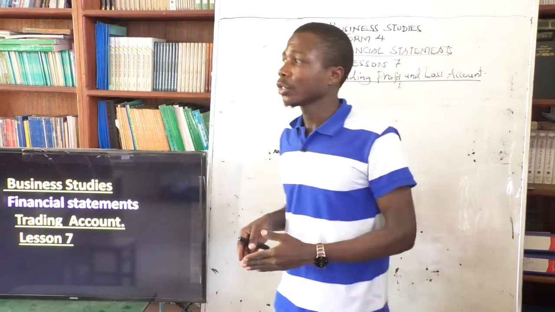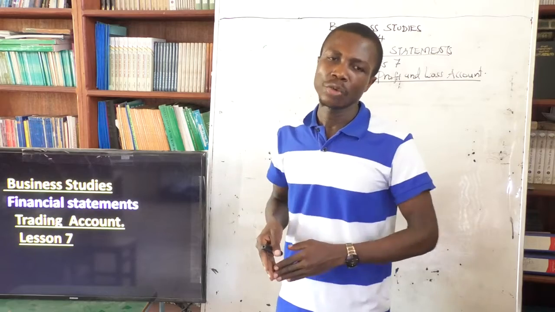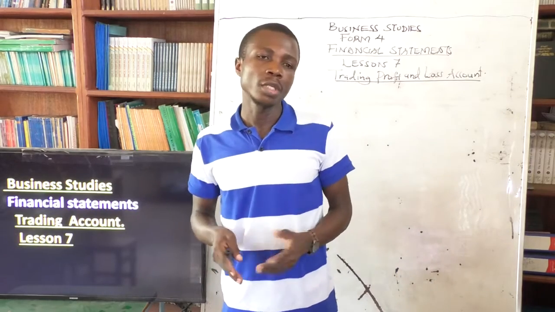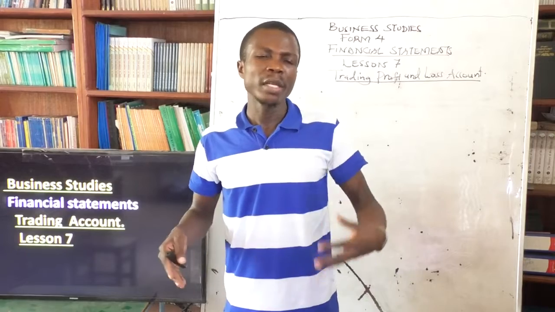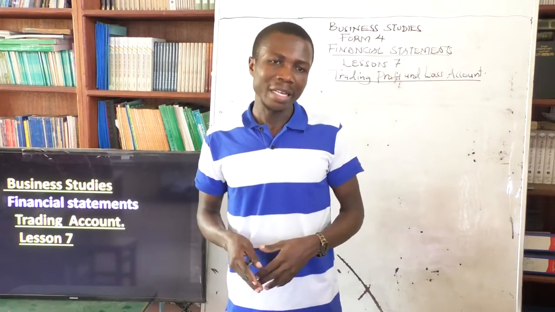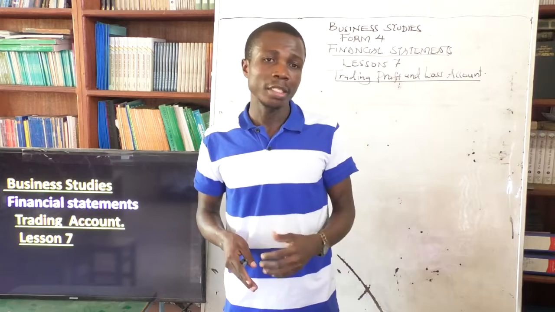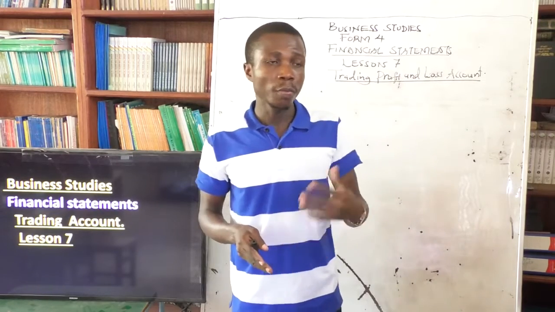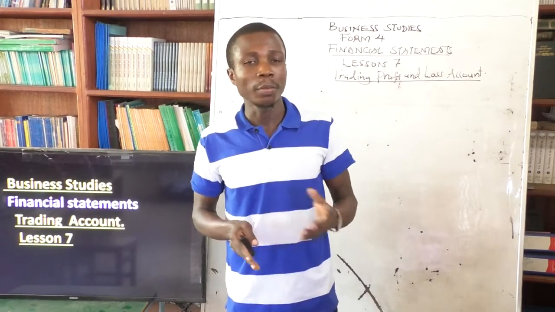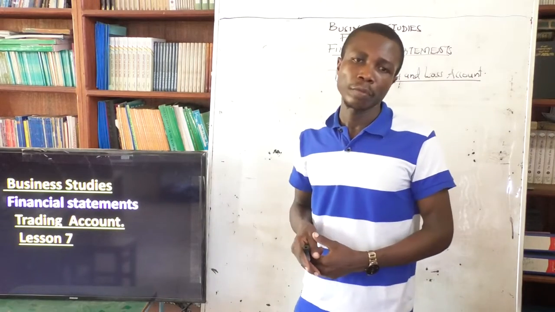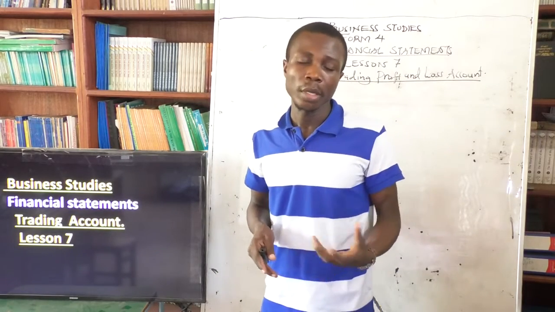For example, prepaid insurance, or prepaid premium or prepaid rent, we didn't talk about in Form 3. Those are assets, like money that belongs to you. If you pay something in advance, that is supposed to be an asset. So we'll talk about that, as there is additional information that will be added to the balance sheet.